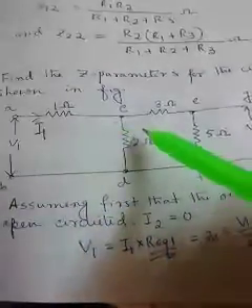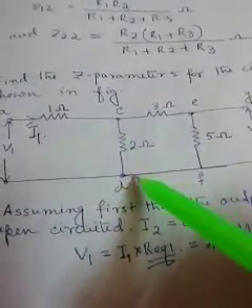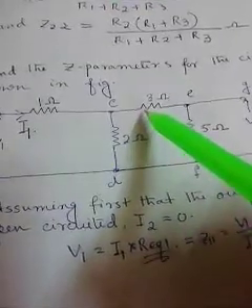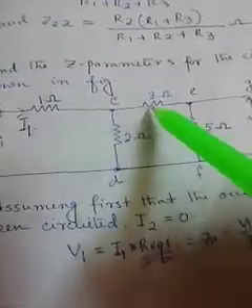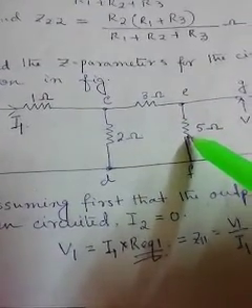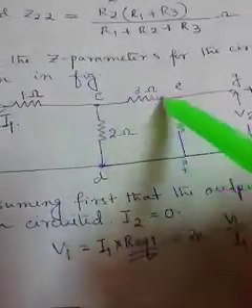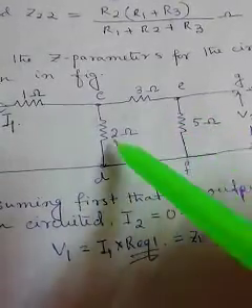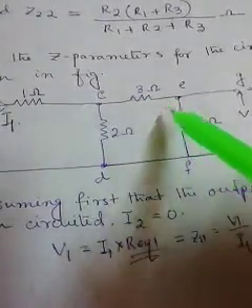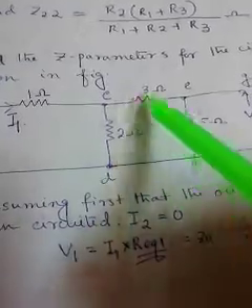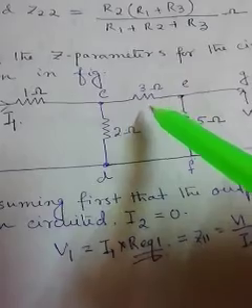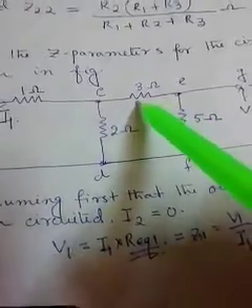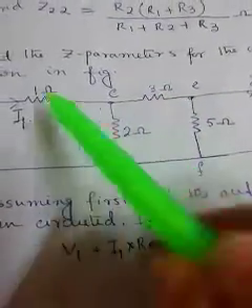So looking from this terminal, if we want to calculate R equivalent 1, it is easy to understand that you can find R equivalent 1 as 3 plus 5, because these two resistances will be in series. Then this series combination of resistance should be in parallel with this 2 ohm. Then this total combination is in series with this 1 ohm. So finally R equivalent 1 should be 3 plus 5 parallel to 2 plus 1.